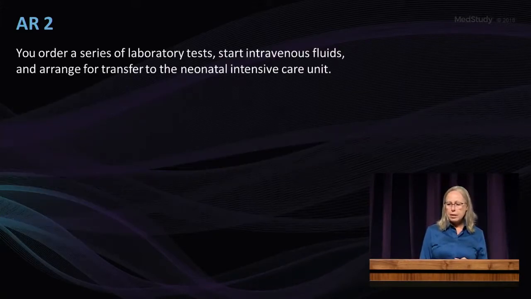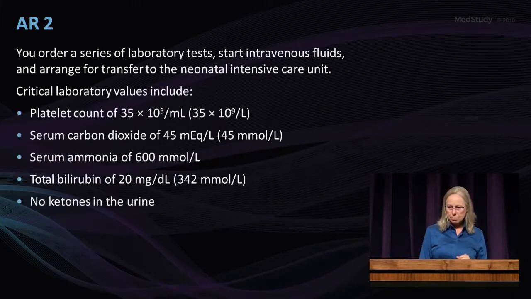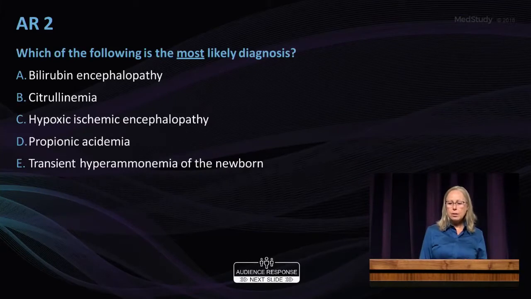You order lab tests, you start your IV fluids, and arrange for transfer to a NICU. Critical lab values: platelet count of 35, serum carbon dioxide of 45, serum ammonia of 600, total bili at 20, no ketones in the urine. Which of the following is the most likely diagnosis?